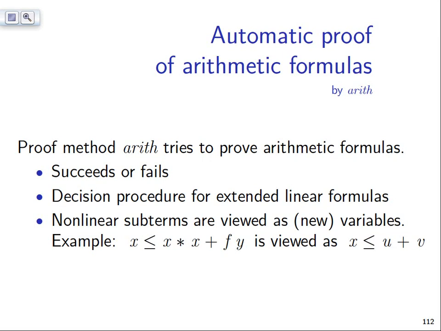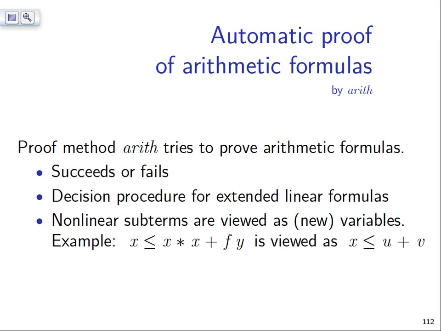And what it does, anything that's non-linear will just be replaced by a new variable. So if you give it a formula like this, x is less or equal x times x plus f of y, then it just says, oh, I have no idea what this multiplication thing is, I'll just replace it by u, and I have no idea what this function f is, I'll replace it by v, and then it'll try to prove that x is less than u plus v, which is most likely not going to be provable, because u and v are new variables that you don't know anything about.